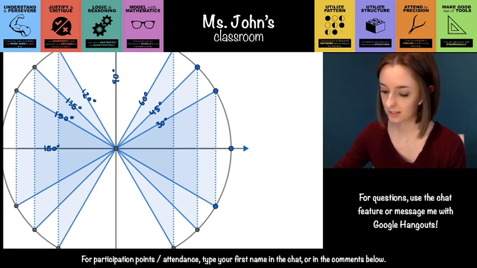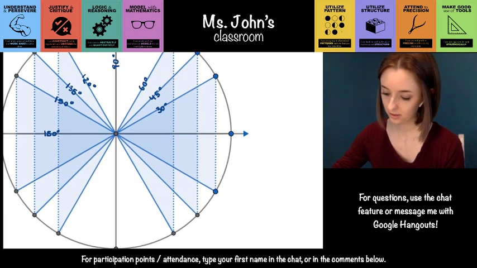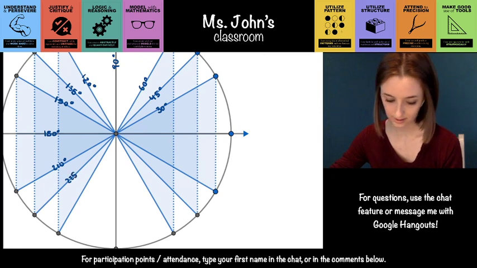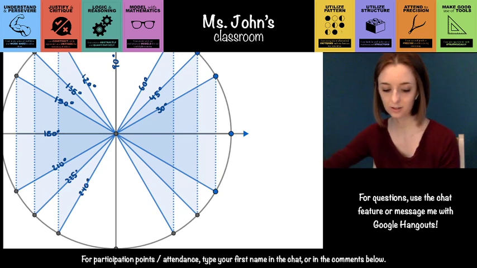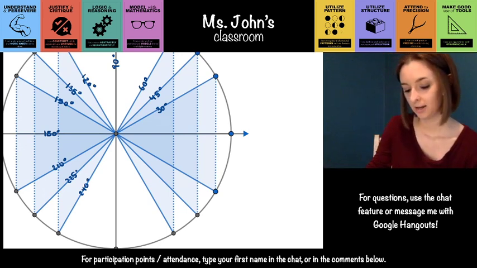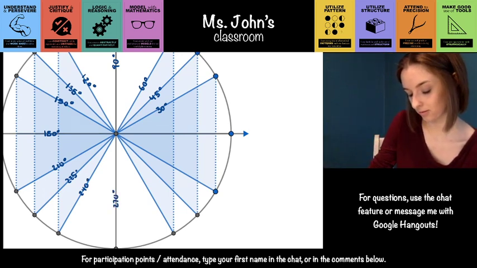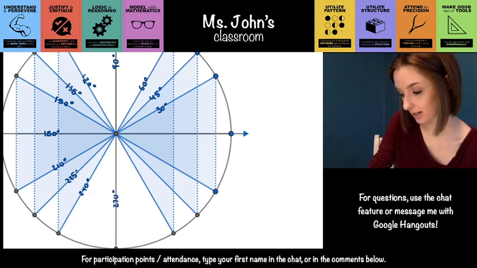Then we have 210, 225, 240 degrees, 270 degrees. So this might remind you a little bit of those when we were drawing triangles to find inverse sine.